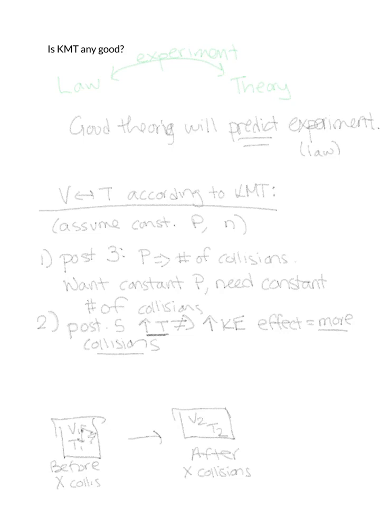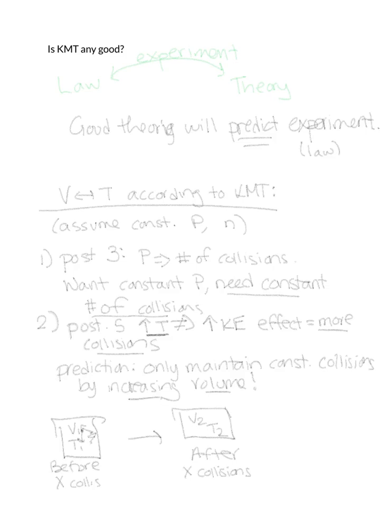So if I keep those two things in mind, if I have more collisions happening because the temperature is increasing, but I need a constant number of collisions to maintain the pressure, the prediction is that you can only maintain constant collisions by increasing volume, right?